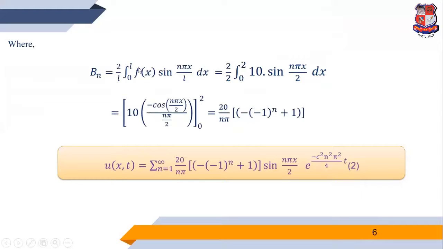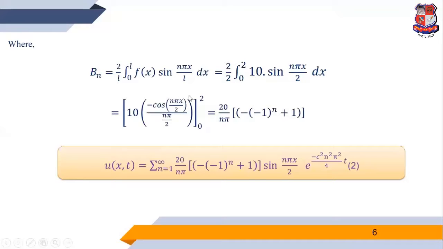In this problem, the length L is 2 and the initial distribution of temperature f(x) is 10. So L is replaced with 2 and f(x) replaced with 10. So the 2 cancels.